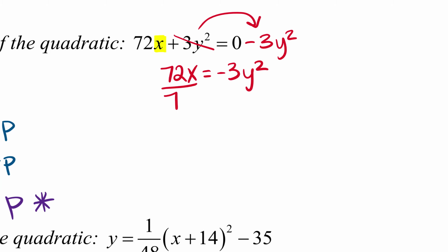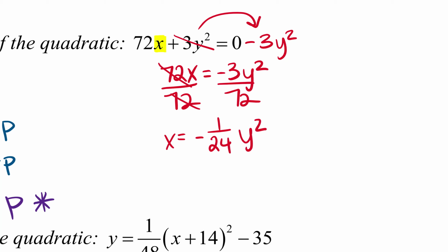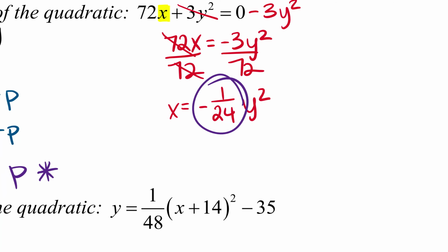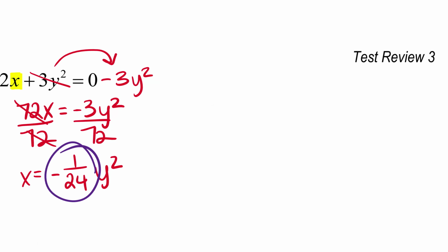Divide by 72. Exact same thing, right? And since I already know what this is, I know it's negative 1 over 24 y squared. I'm going to go ahead and isolate or just focus on that fraction because that's all I need. Okay, so that is going to be, let me go over here, I have all this room.